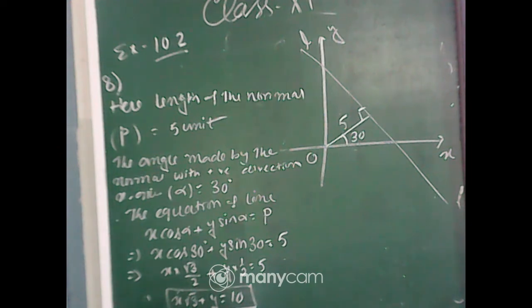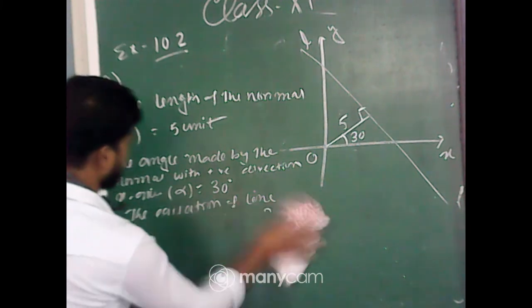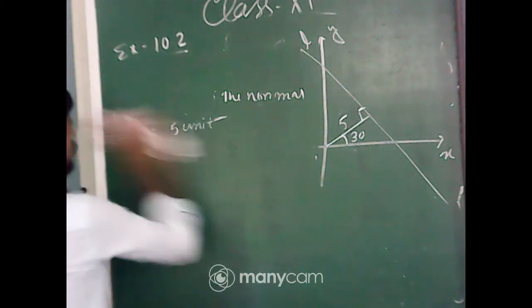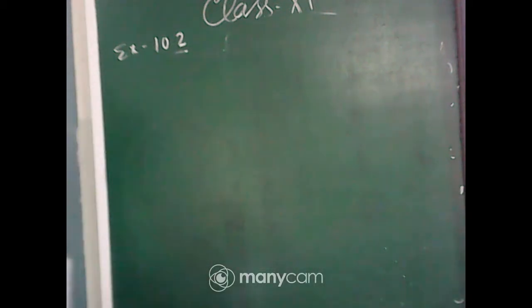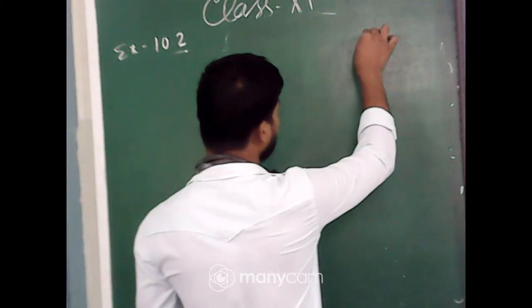Yes, okay. So let's move to the next question, question number 9. Let me read question number 9 once. The vertices of the triangle PQR are given. So draw a triangle PQR.